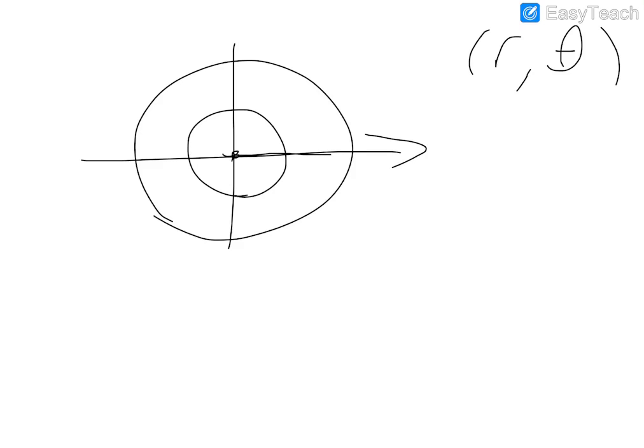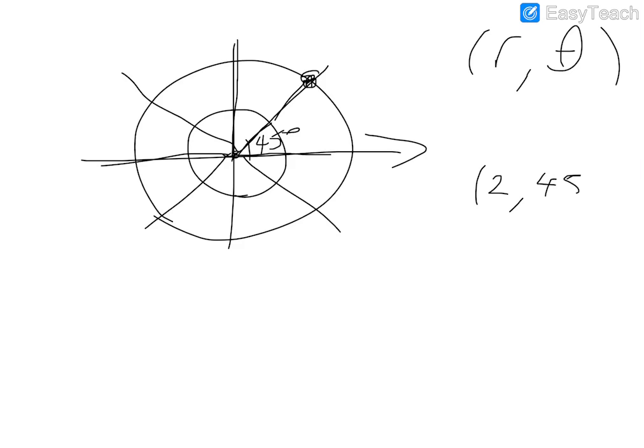So this would be 0 degrees, this would be 45 degrees, this would be 90 degrees, and so on. So if I had something like this that is 2 away, and the angle is 45 degrees, then this would be written as (2, 45 degrees), or it might also be written in radians as (2, pi over 4).